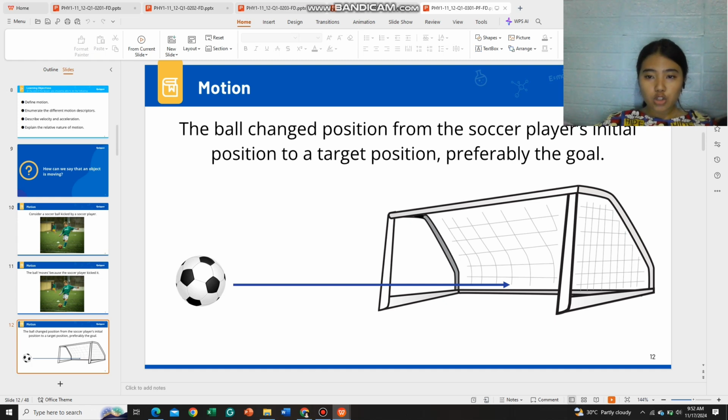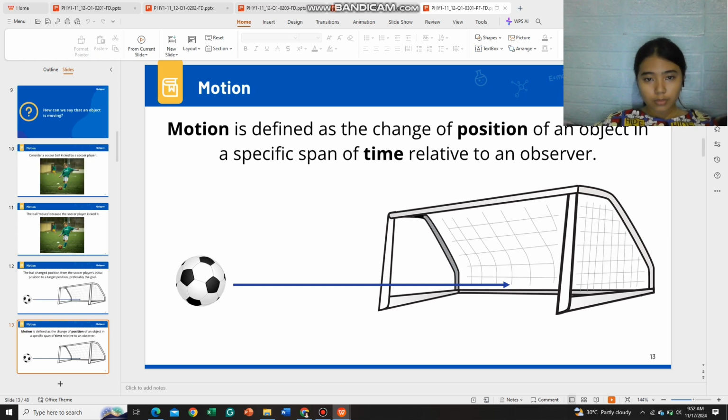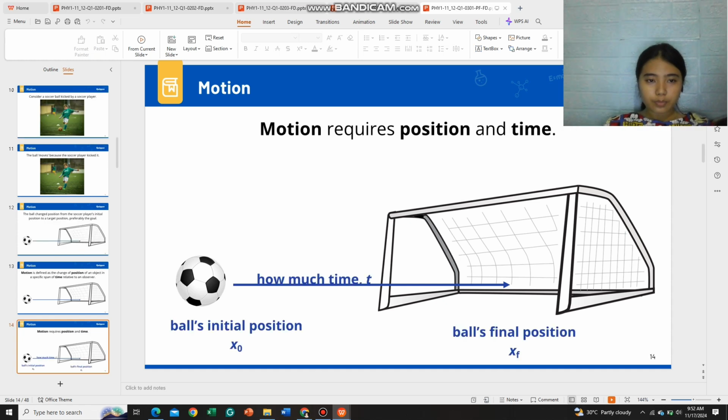So let us consider a soccer ball kicked by a soccer player. The ball moves because the soccer player kicked it. The ball changed position from the soccer player's initial point to a target position, preferably the goal. Motion is defined as the change of position of an object in a specific span of time relative to an observer.